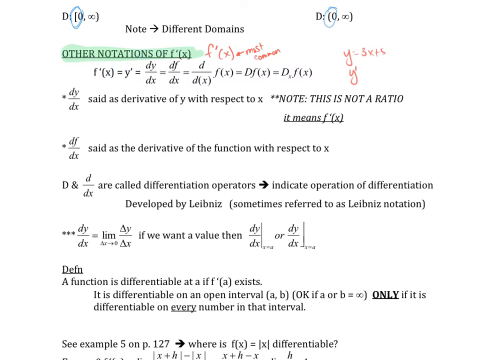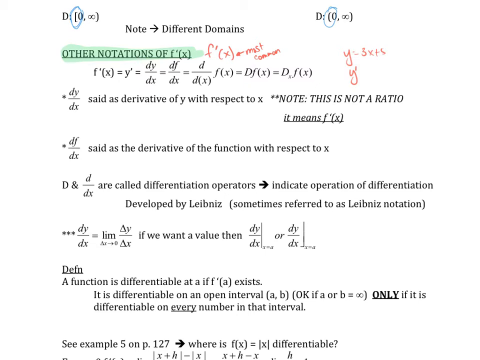Okay, these ones. Now, dy dx, as I said above, is the derivative of y with respect to x. This is not a ratio. I know I said the change in y over the change in x, just to tell you that it is a rate of change. It's an instantaneous rate of change, but it's not a ratio.